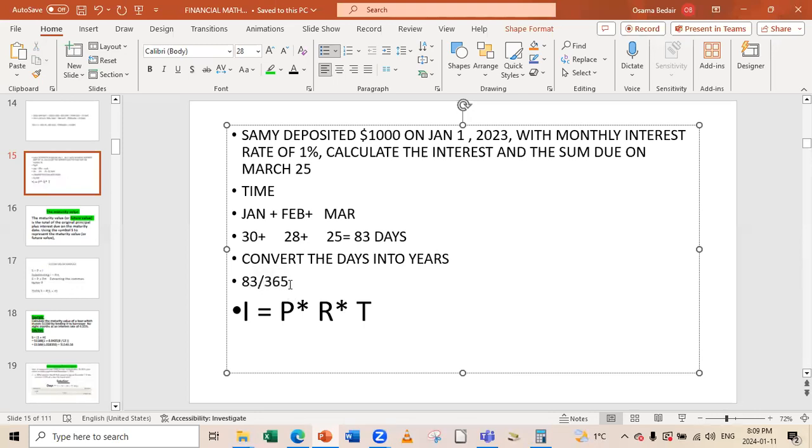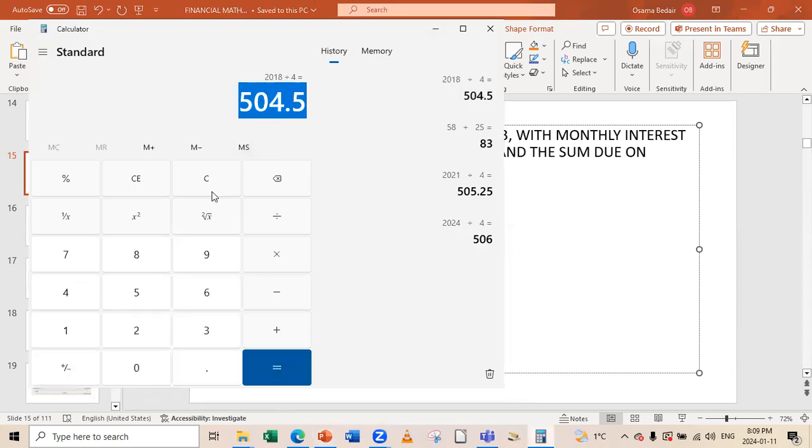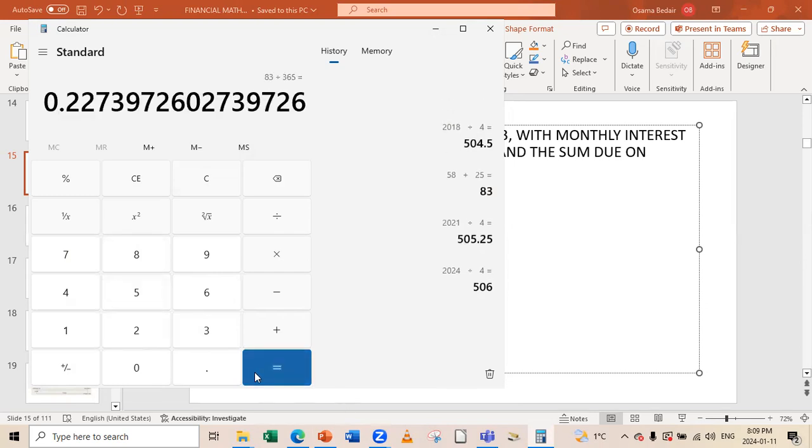So let us see what the result is here. 83 divided by 365 days. That will equal how much? 0.227 year.